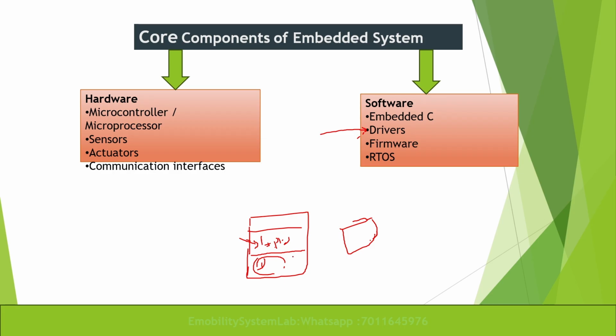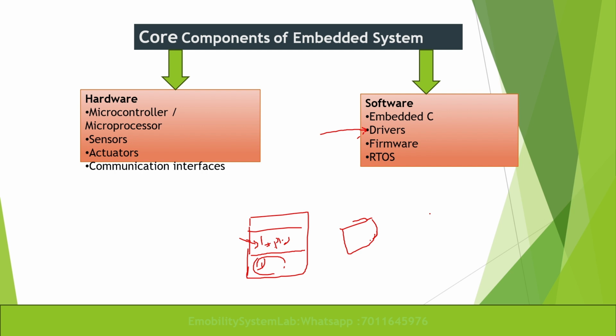So drivers are used to run the particular peripheral-related application logics. Drivers can be generated automatically, or they can be written by a programmer as well. Actually, we install some drivers to make the microcontroller communicate with the peripherals, right? Yes.